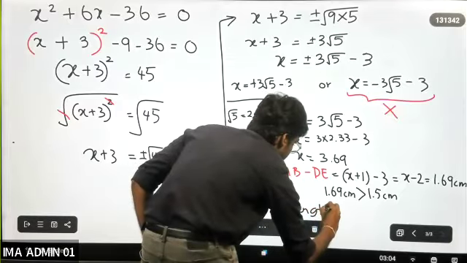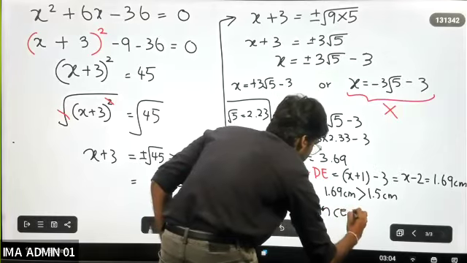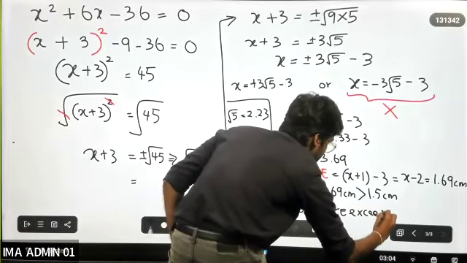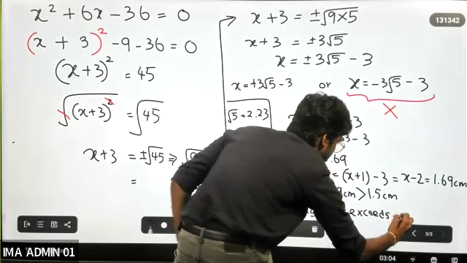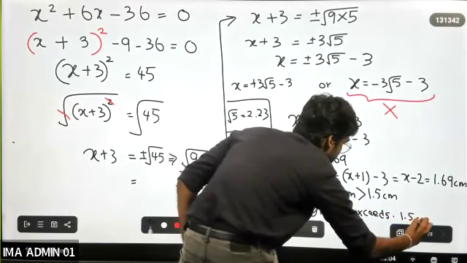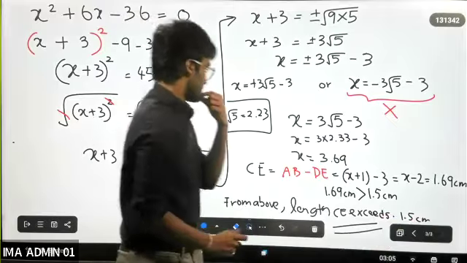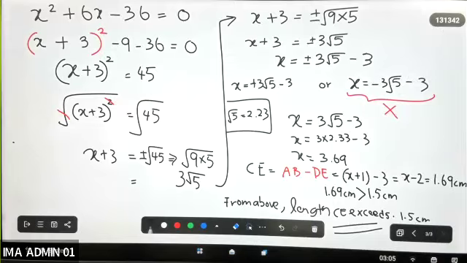Length CE exceeds 1.5 centimeters. That's the answer. Clear, right? Any questions?